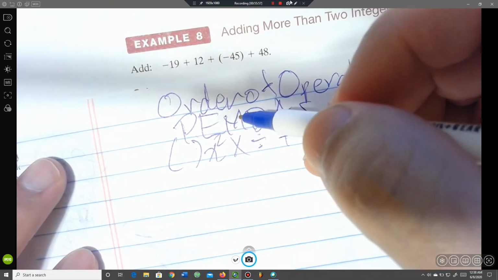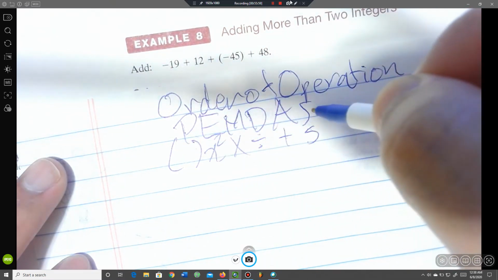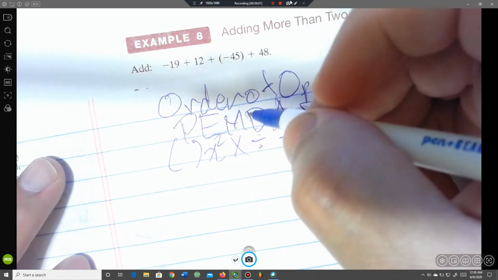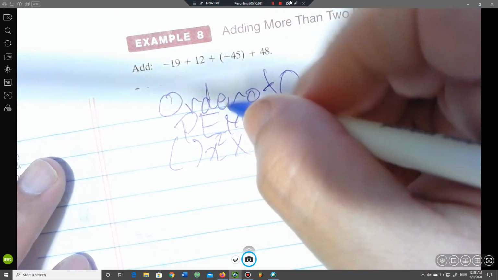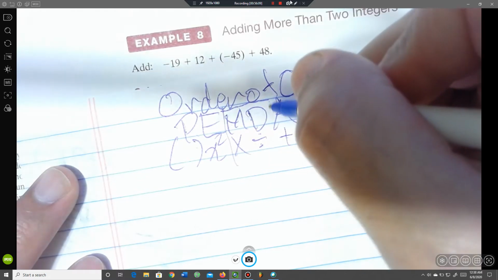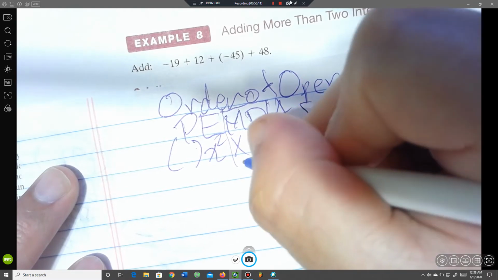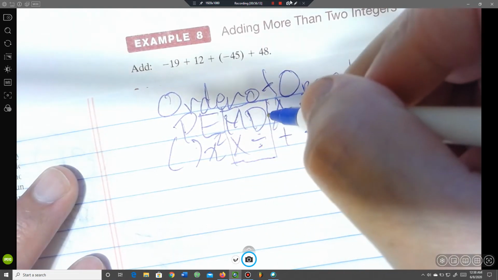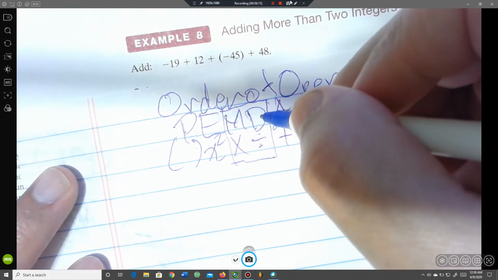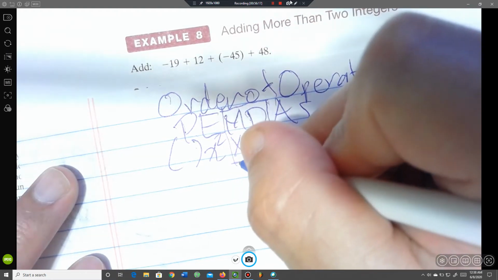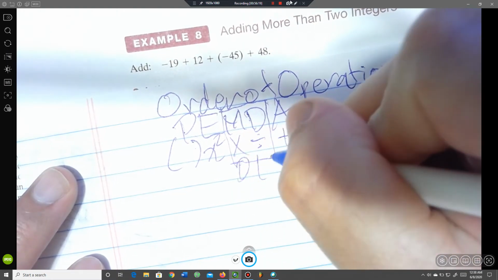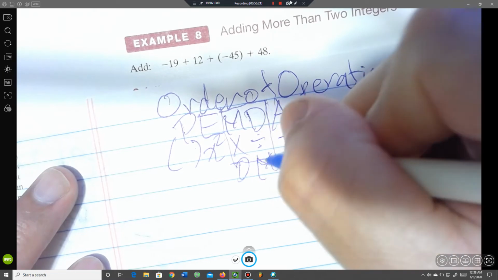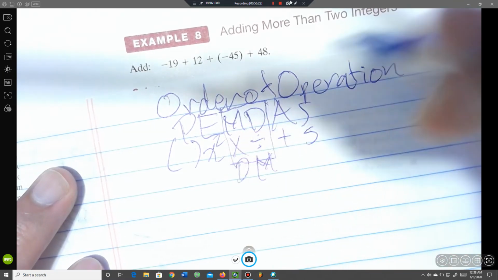Most students do remember this. Yes, that's fine. But what most students don't remember is that, and the screen froze, hold on. All right, there it is. What most students don't remember is that these two operations need to be done whichever comes first.